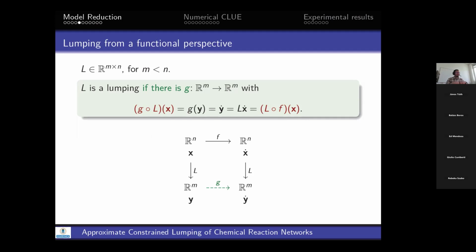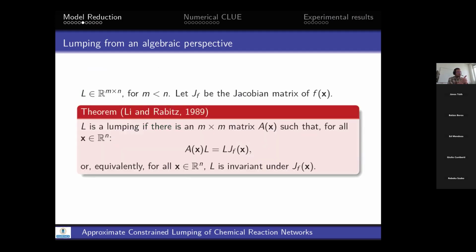And if you go to the literature, you will find in a paper from the 80s, almost 90s, by Li and Rabitz, a characterization of a lumping using the Jacobian matrix of the function f that defines the original differential system. In this paper, they prove that our matrix L is a lumping if there is another matrix A of x, such that you can have this kind of commutation rule for the Jacobian.